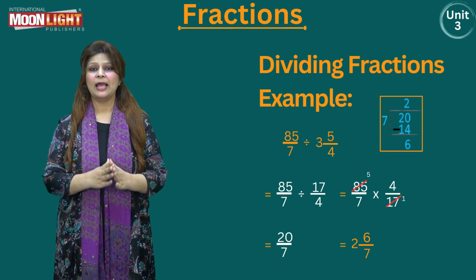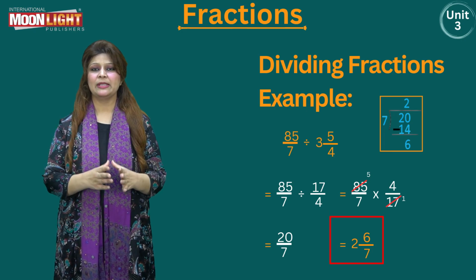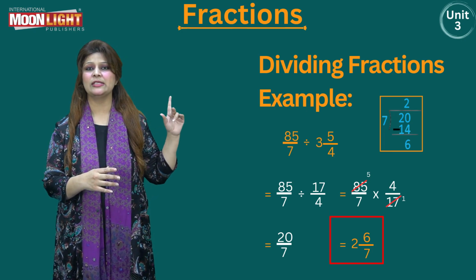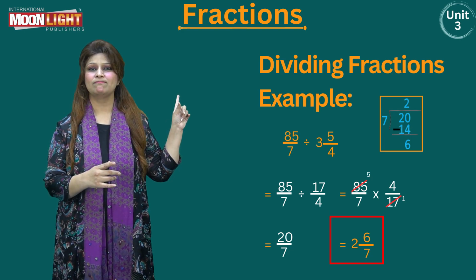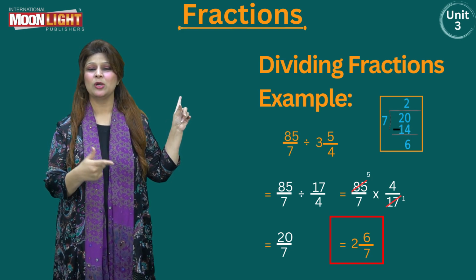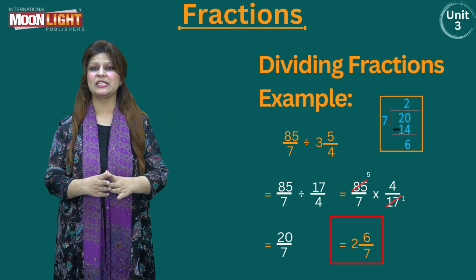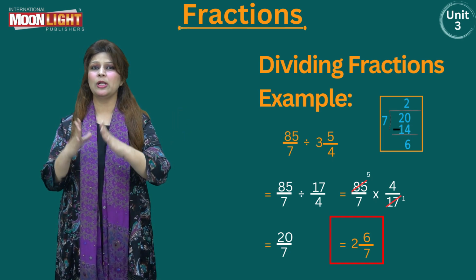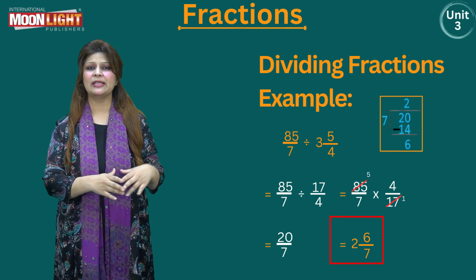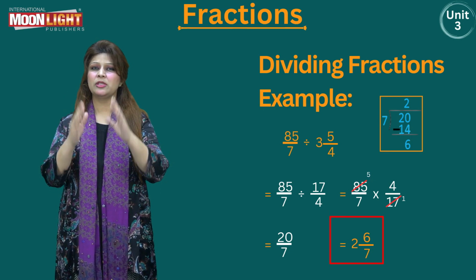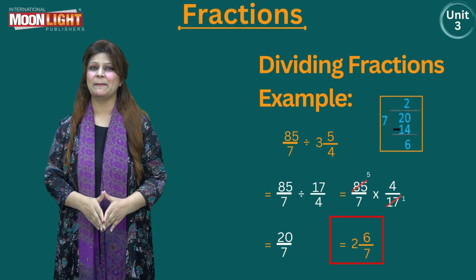Remember the form q whole r over d: this number 2 is the quotient, this number 7 is the divisor, and this number 6 is the remainder. So I write the number as 2 whole 6 by 7. So this is my mixed number now.